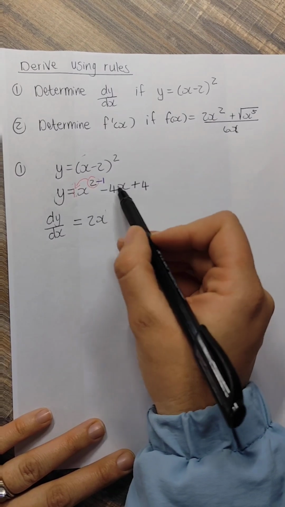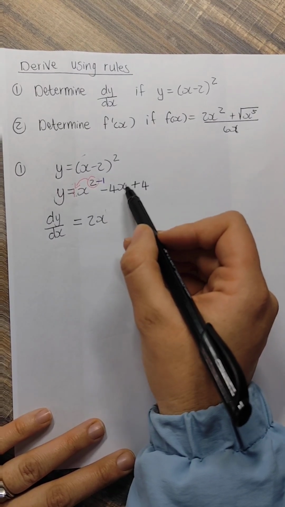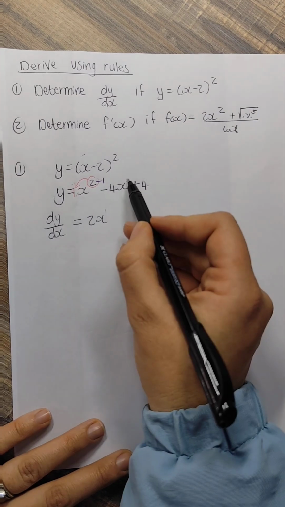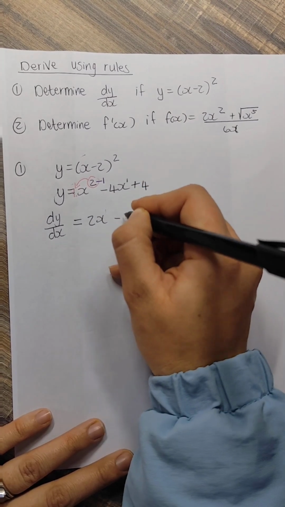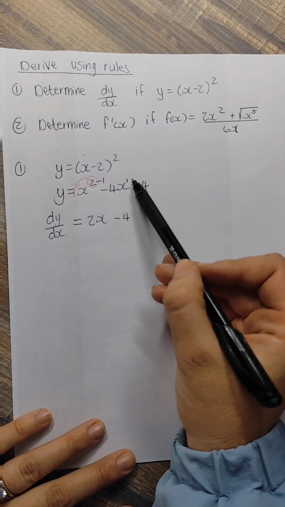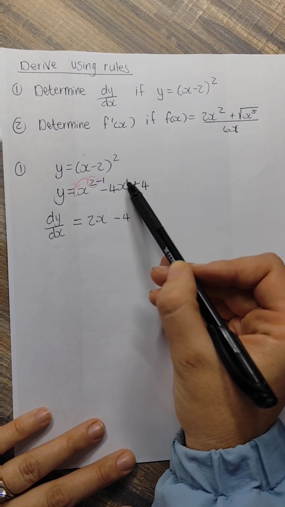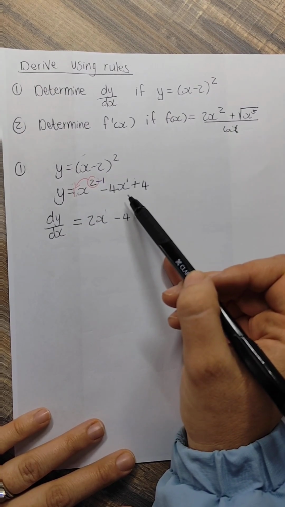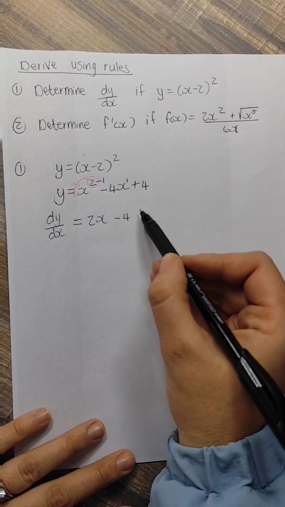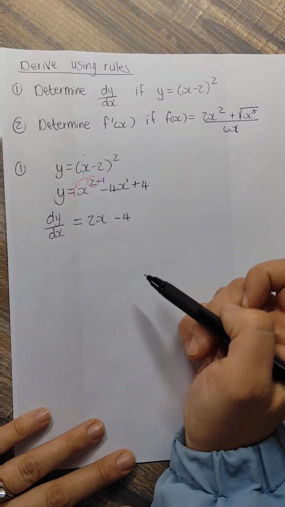Now I can go to my next term. Negative 4x to the power of 1. There's an invisible 1 on top. 1 times by negative 4 gives us negative 4. Now if I subtract 1 from this exponent, 1 minus 1 is 0, and anything to the power of 0 gives us 1. But it's not necessary to write the 1 over there.